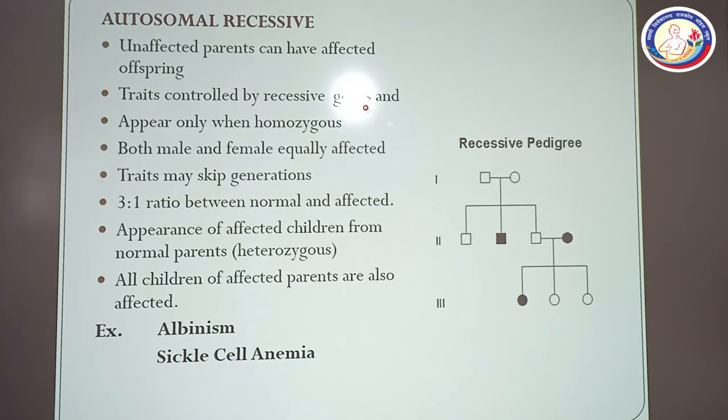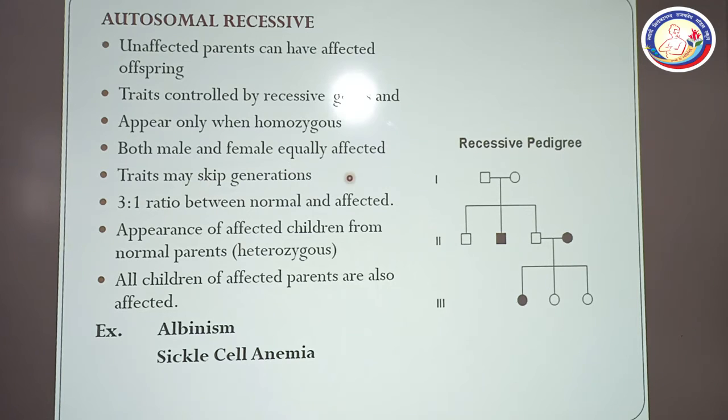Traits are controlled by recessive genes and appear only when homozygous. So if the recessive genes are homozygous, then the trait will appear. Suppose here you can see one affected allele and another affected allele; in this generation, if both combine together, then it will show the character.